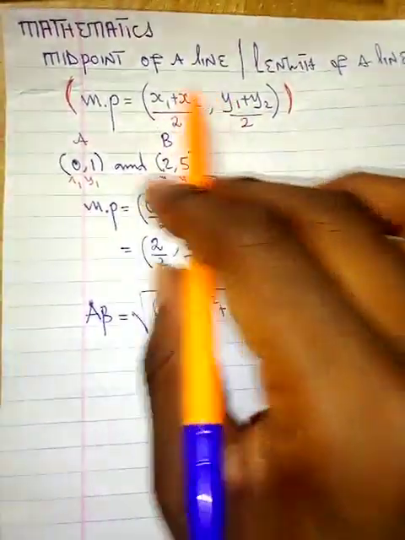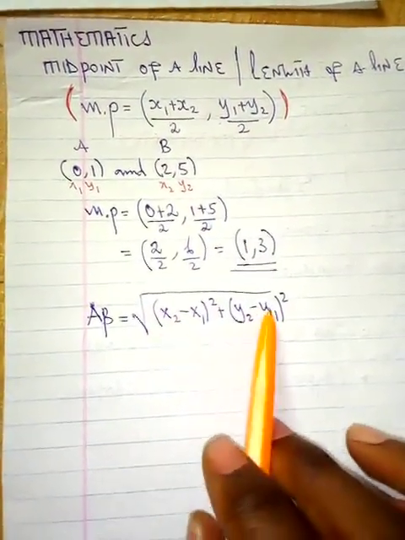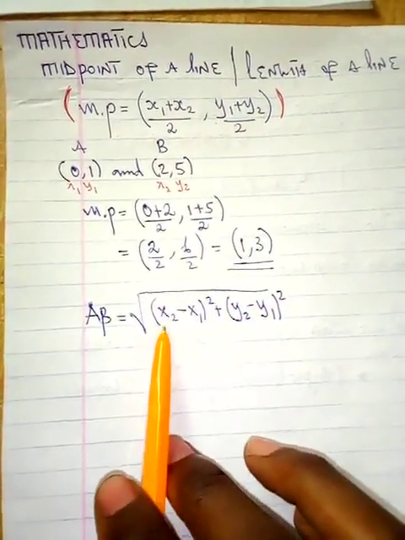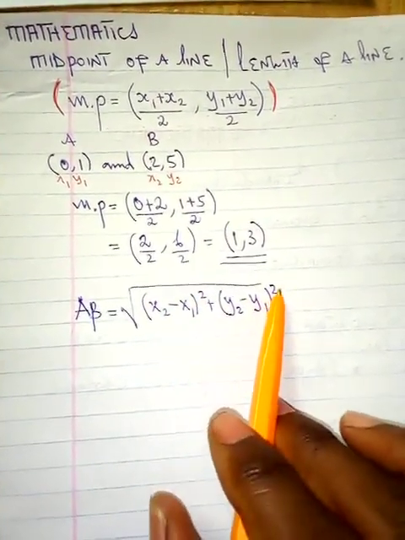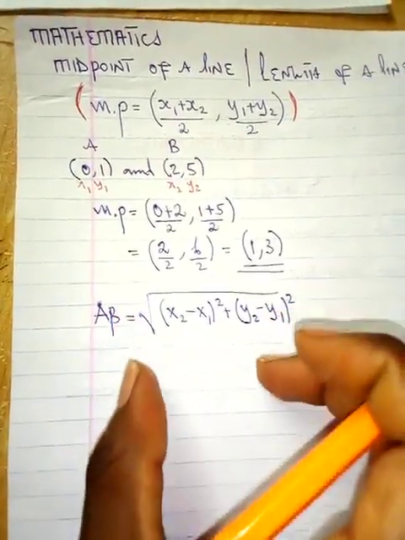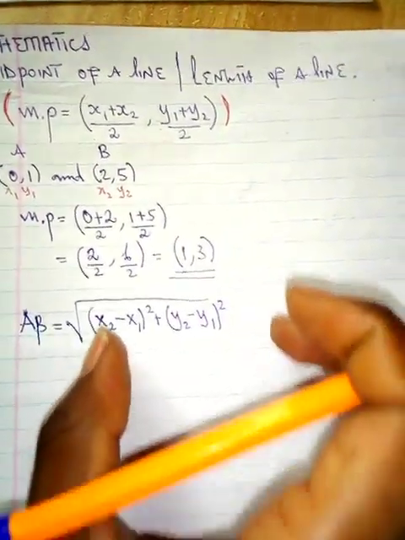Unlike the midpoint where we determine the averages, inside here we have the differences, the changes: change in x squared plus change in y squared. This is derived from the Pythagoras theorem, if we follow it up very closely.